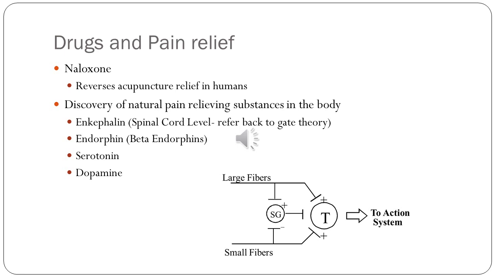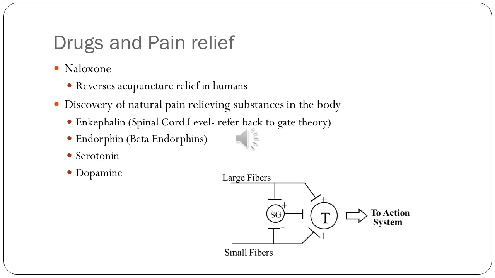It's basically a morphine antidote. With acupuncture, which doesn't use any drugs, when they gave patients naloxone, if they experienced pain relief with acupuncture, their pain came back.